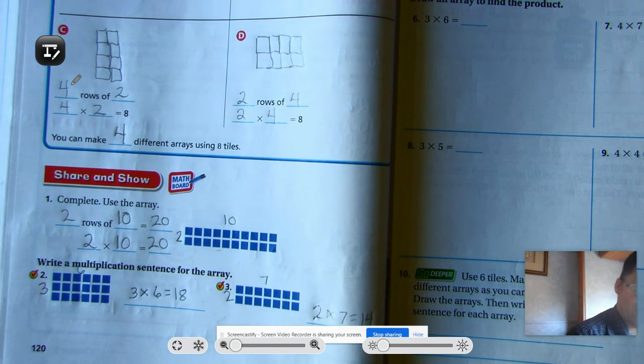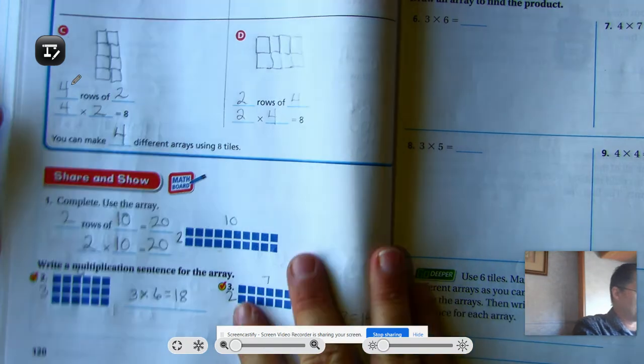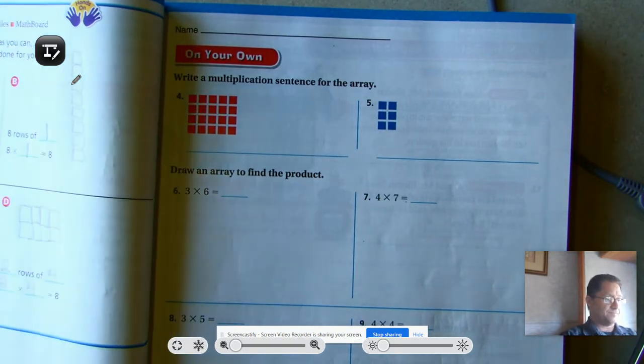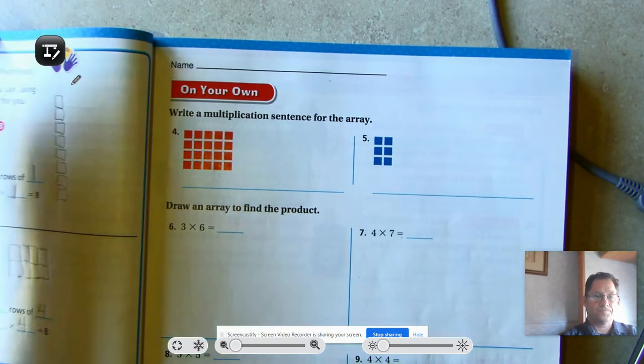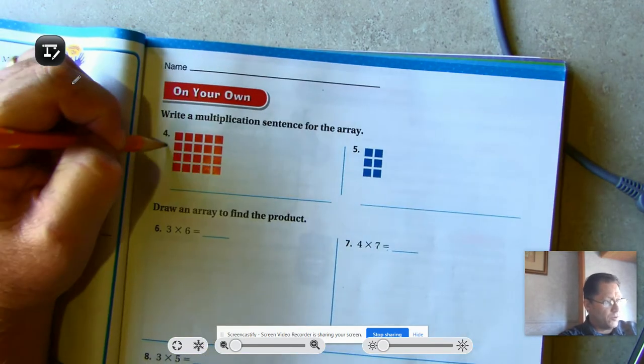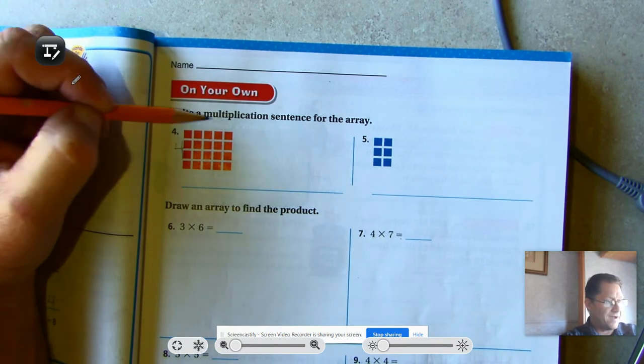Okay, page 121. Write a multiplication sentence for the array. One, two, three. I have 4 rows. Every row has 1, 2, 3, 4, 5.